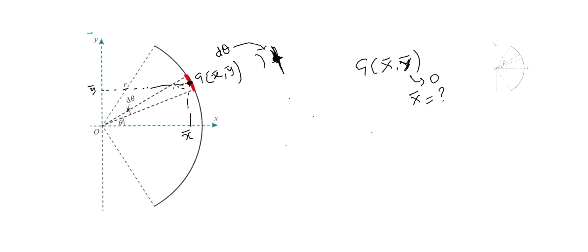Now, I want to find the coordinate of this X bar, what X bar is. The whole of this angle here is theta, and remember, it is in the middle of this line. So it will be theta over 2 because it's in the middle.